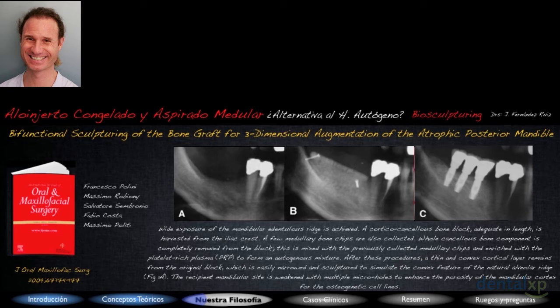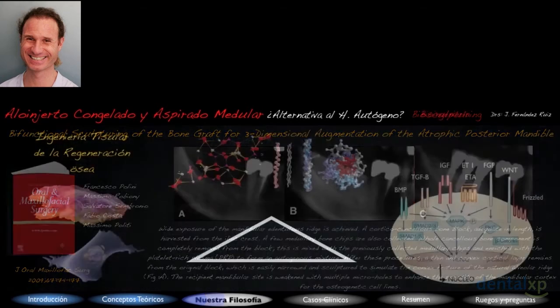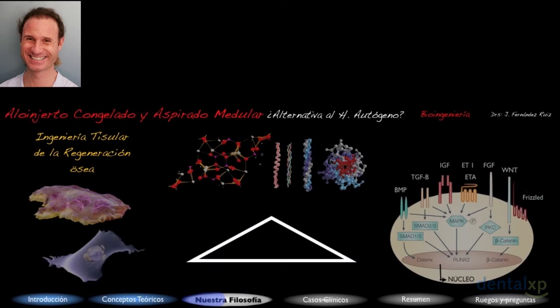So the whole cancellous bone component is completely removed from the block, as I mentioned, and mixed with previously collected medullary chips. So all this structure, with the aid of the aspirated stem cells, will have all the cellular components needed for the bone regeneration.